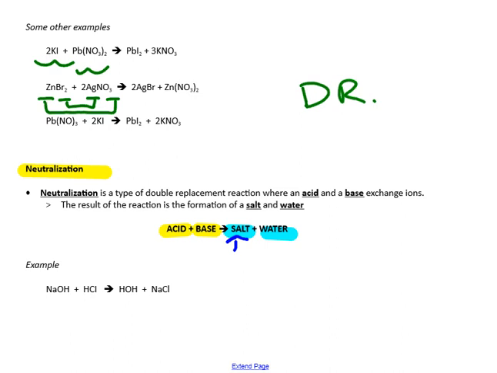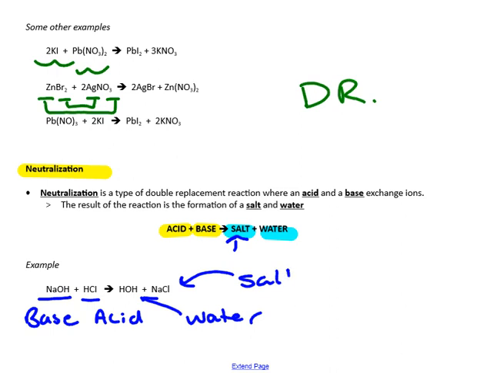Sodium hydroxide is a base. Hydrogen chloride is an acid. Here is water, and the sodium chloride is my salt. This is still a double displacement reaction, but it's a special kind of double displacement reaction that we'll talk about in a later unit on acids and bases.